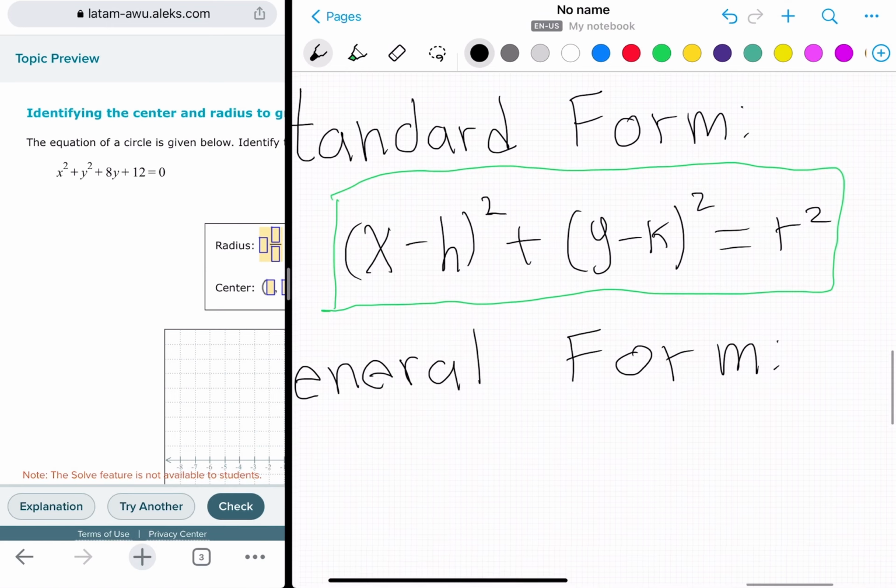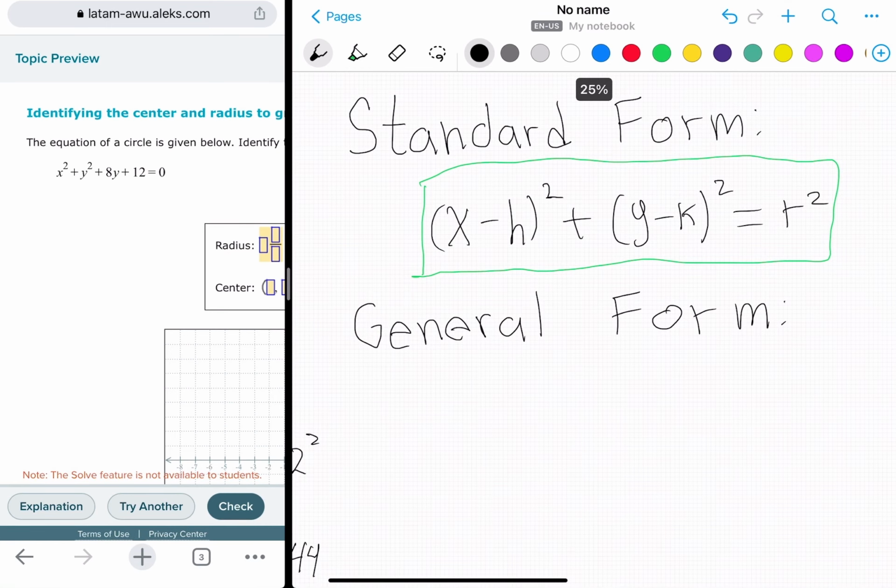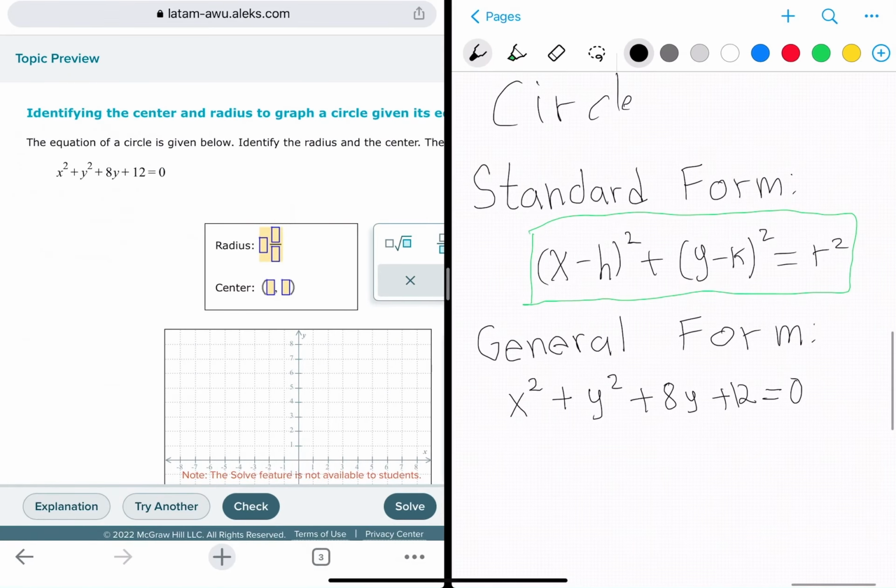We are given something that is in the general form. In this case, we are given x squared plus y squared plus 8y plus 12 equals 0. Now, the exercise tells us that we should find the radius, the center, and then graph.